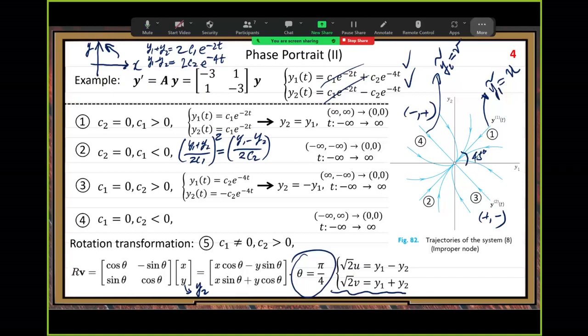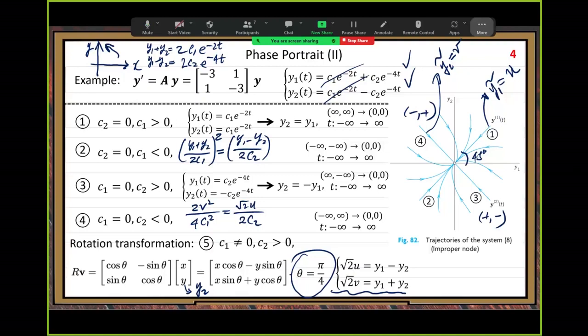So y1 plus y2, squared, is 2v squared over 4 C1 squared, equals the other side, root 2u over 2 C2. Is it that?